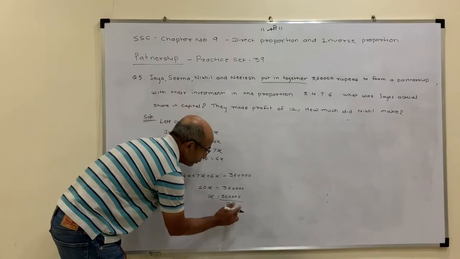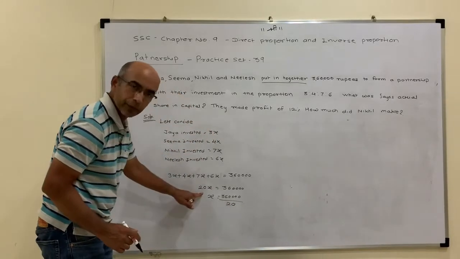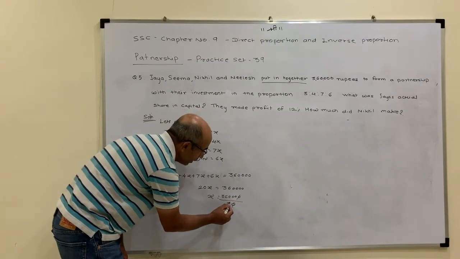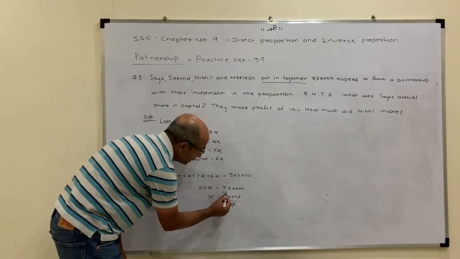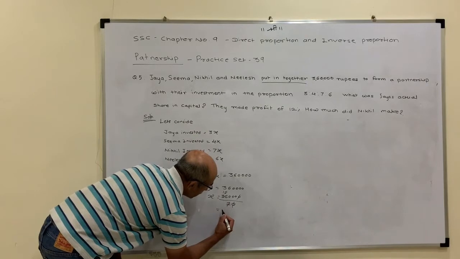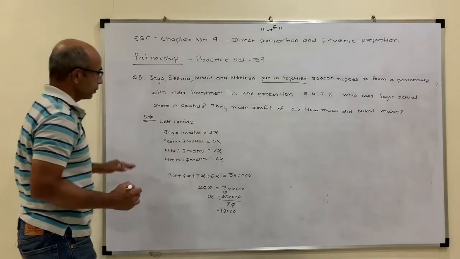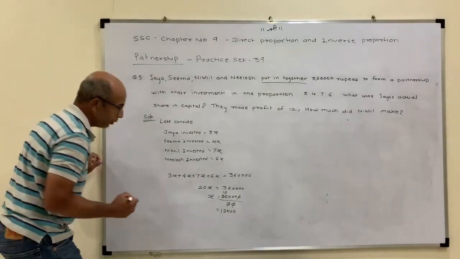Since I divided both sides by 20, this 20 is gone and here this 20, so this one is gone. 18 to the 36. So x equals 18,000. So Jaya's investment, we'll find out.